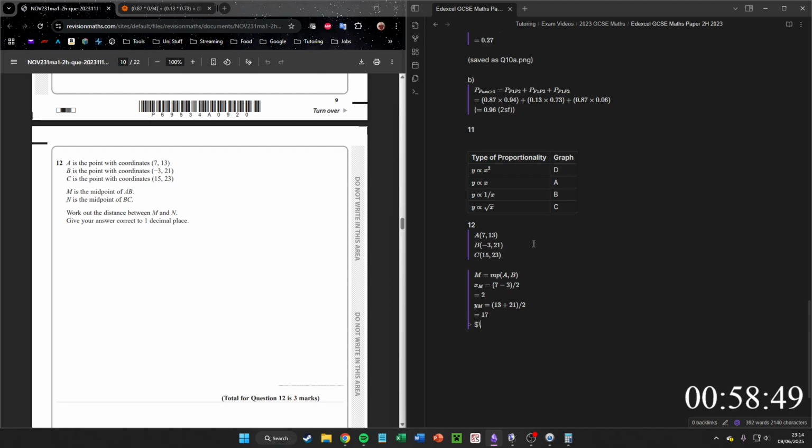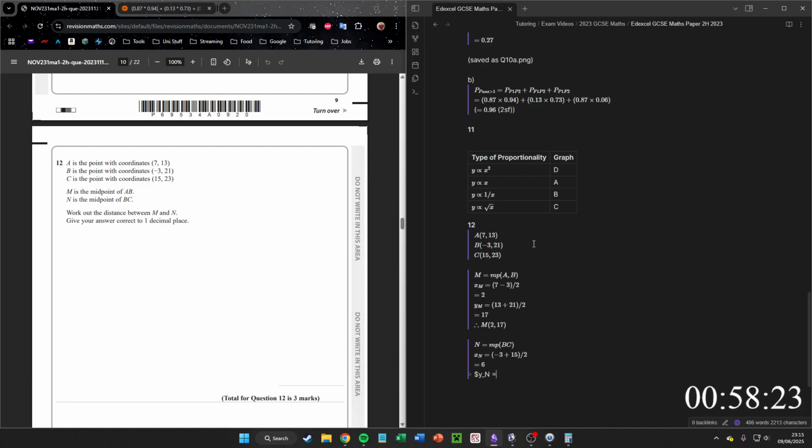So I can just say then M is going to be 2, 17, which makes perfect sense. And then move on to N, which is the midpoint of B and C. And so I can say x of N is equal to -3 plus 15 divided by 2, which is 12 divided by 2, so 6.